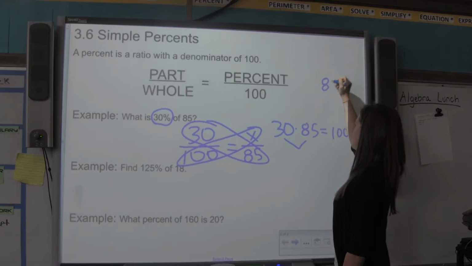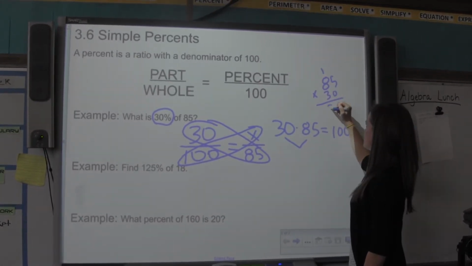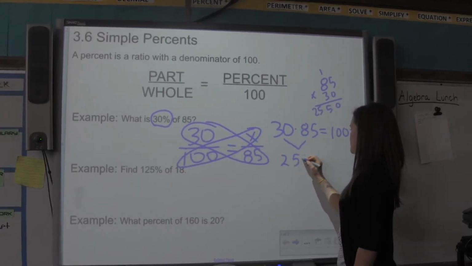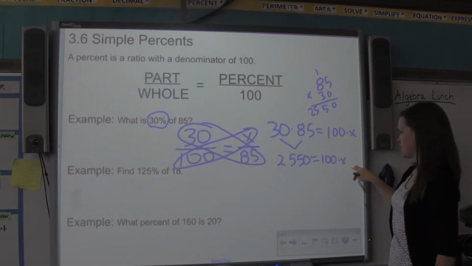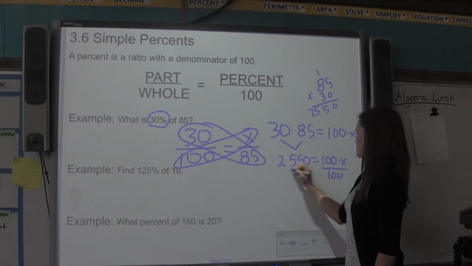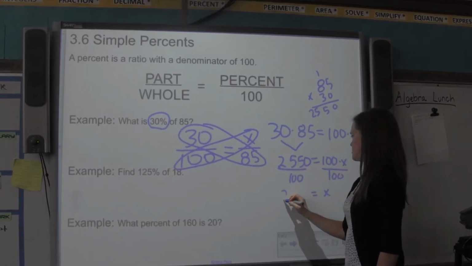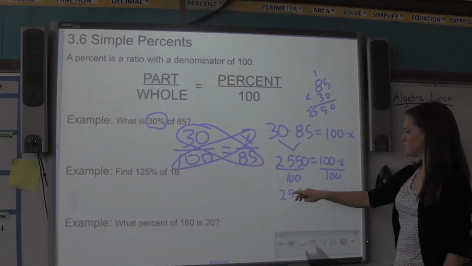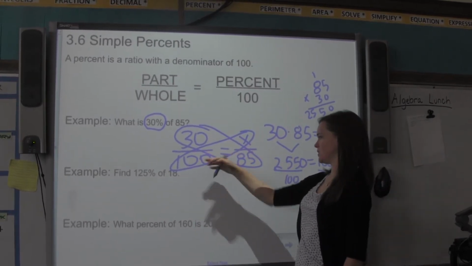So 85 times 30 gives me 2,550 equals 100 times x. Then to find out what x is, I need to divide both sides by 100. And I get that x is equal to 25.5.